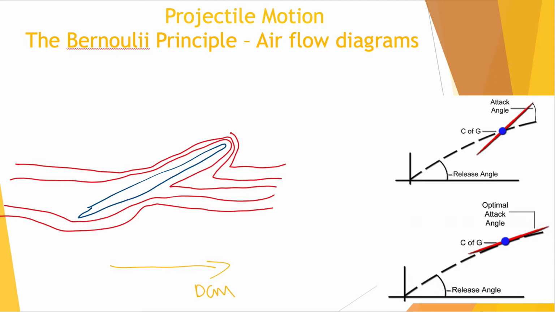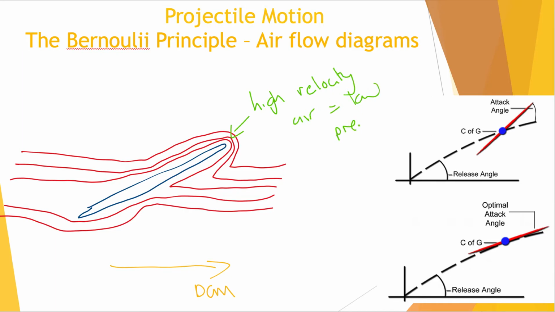High velocity here, low velocity. So yet again, we've got high velocity air, which equals low pressure. Low velocity air, which equals high pressure.